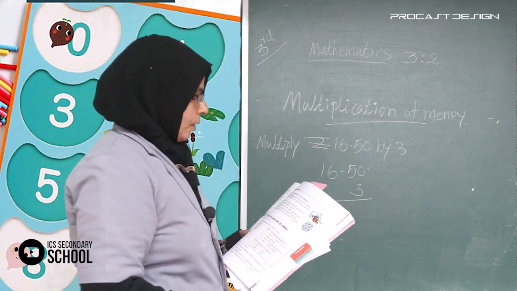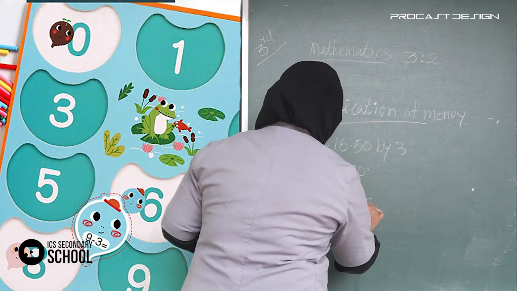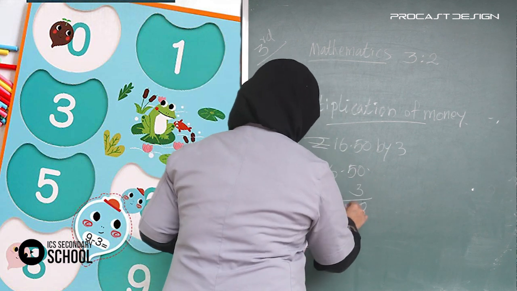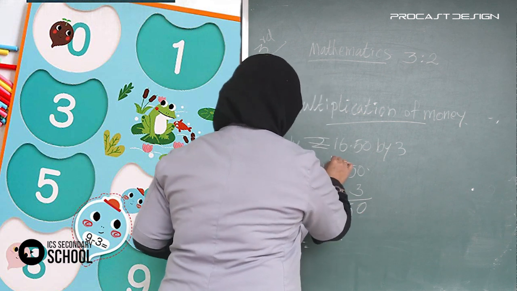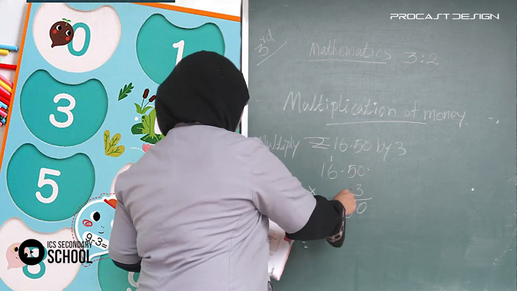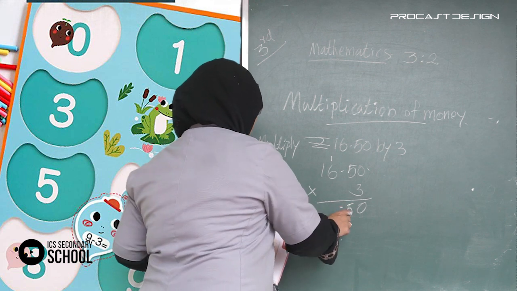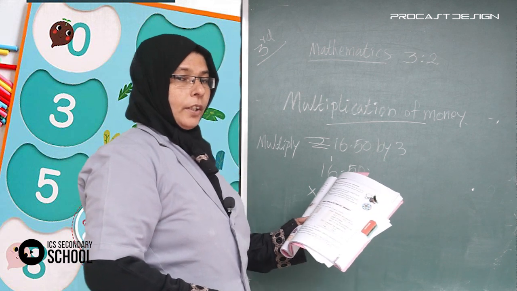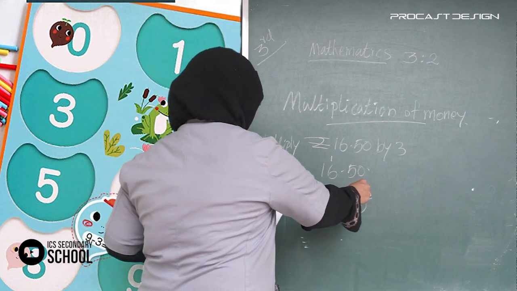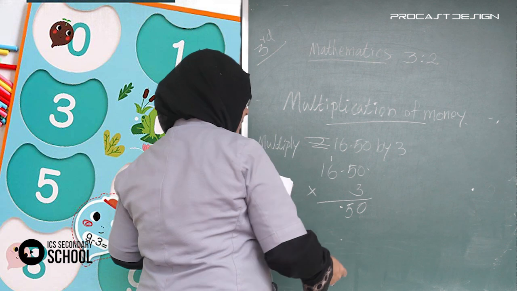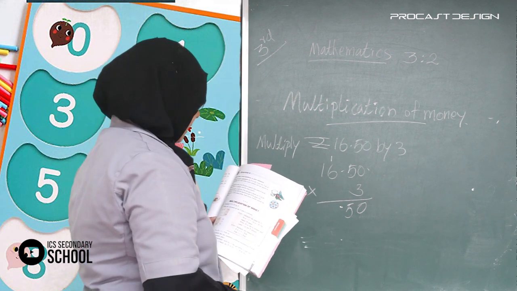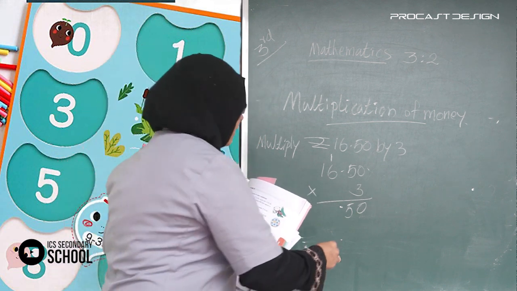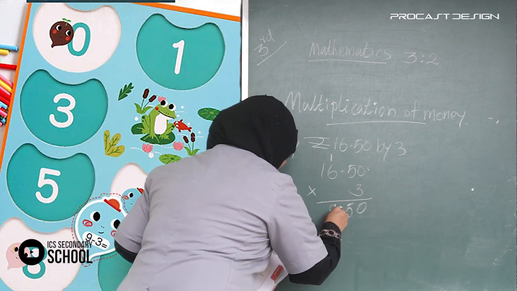All of you listen carefully. 3 into 0, 0. 3 into 5, 15. Next, 3 into 6 equals 18. All of you remember the point. 18 plus 1, 19.